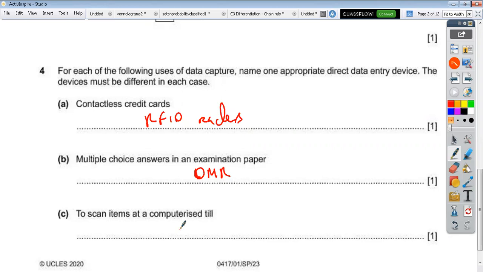And to scan items at a computerized till, what do you use? To scan items, what do you use? Children, are you in the lesson?